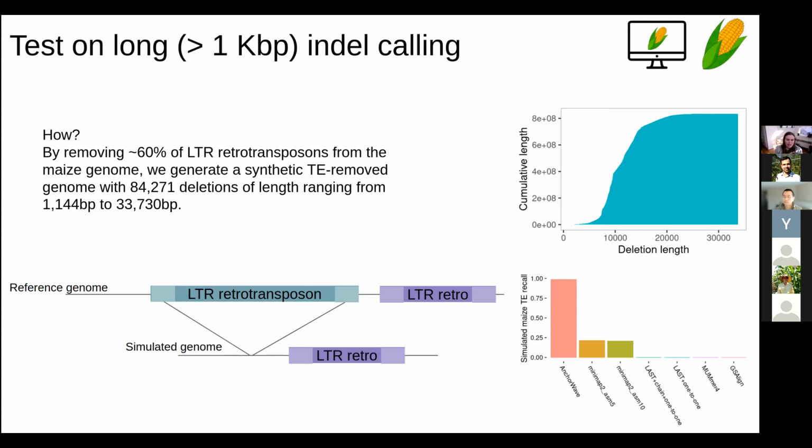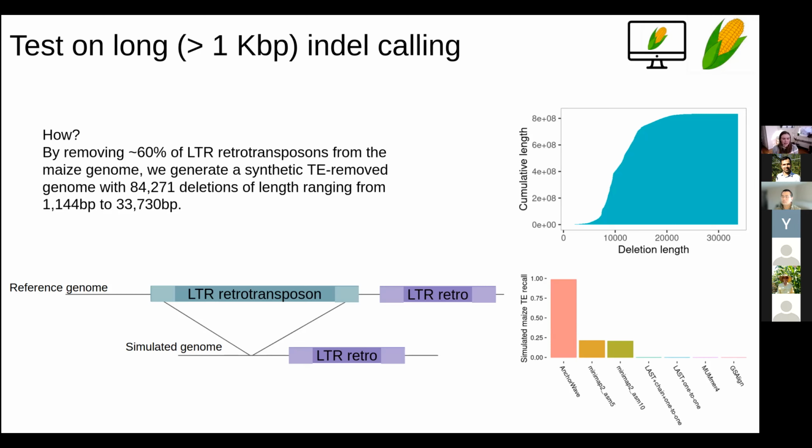We took the reference genome and this simulated TE-deleted genome and aligned them to one another using the same genome alignment software that were shown in the last slide for Arabidopsis. Then we simply asked how many of the TEs that we deleted are actually called as a deletion across that entire region.